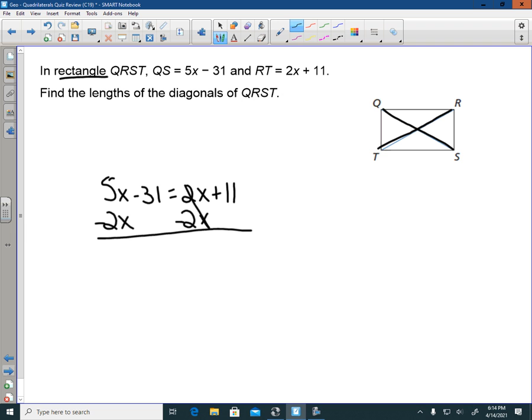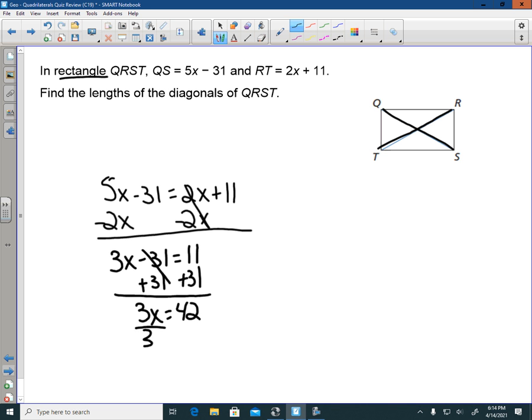That creates this cancellation. We have 5x minus 2x, which is 3x, minus 31 equals 11. Adding 31 to both sides gives us that 3x equals 42. And then we will divide by 3 on both sides, and x equals 42 divided by 3.